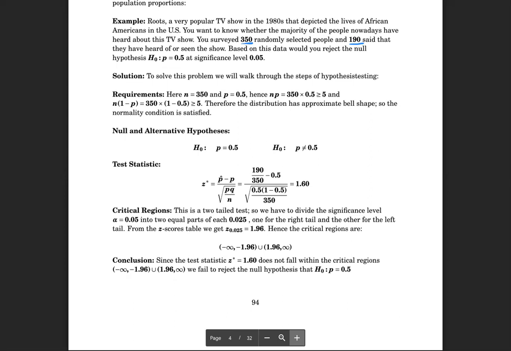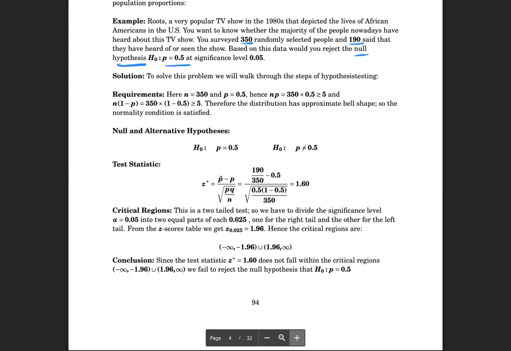So this is the null hypothesis, given: the percentage of people who know about the show is 50%, or p is 0.5. So you took a statement and converted it into a mathematical relation. That's what the hypothesis is. If you go out and tell ordinary people, hey, do you know about Roots? p is 0.5, they're going to say, what?